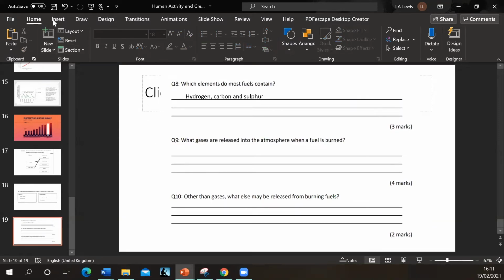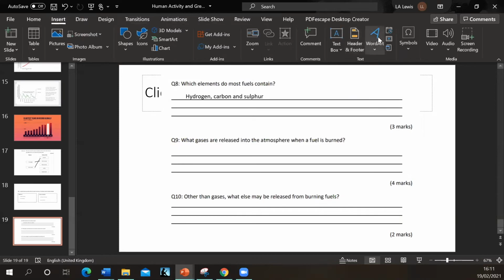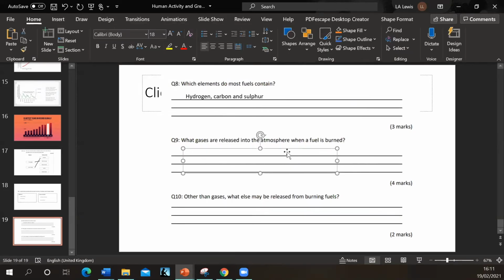Okay, so which gases are released into the atmosphere when a fuel is burned? Again, this is a little bit extra, isn't it? You might think, oh, carbon dioxide, but no, there are other things, and this is what we were talking about. They'll mix other things into the question.